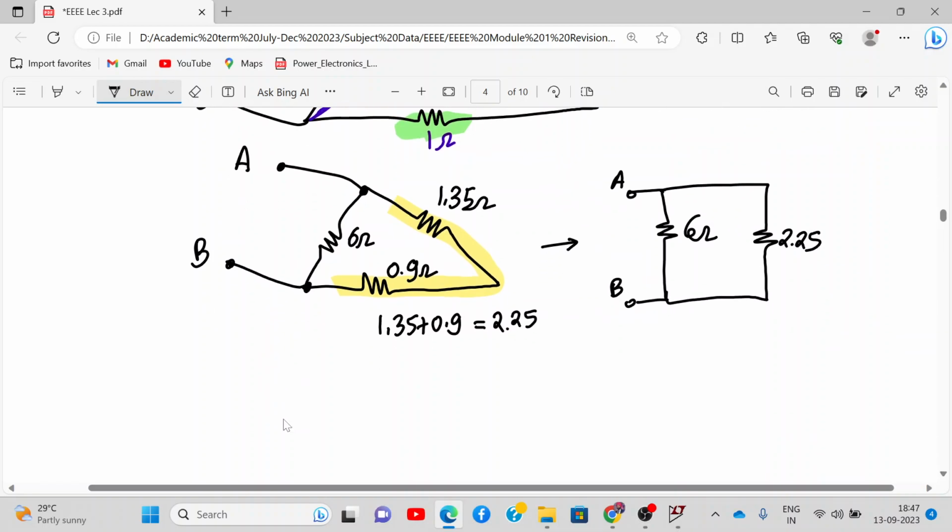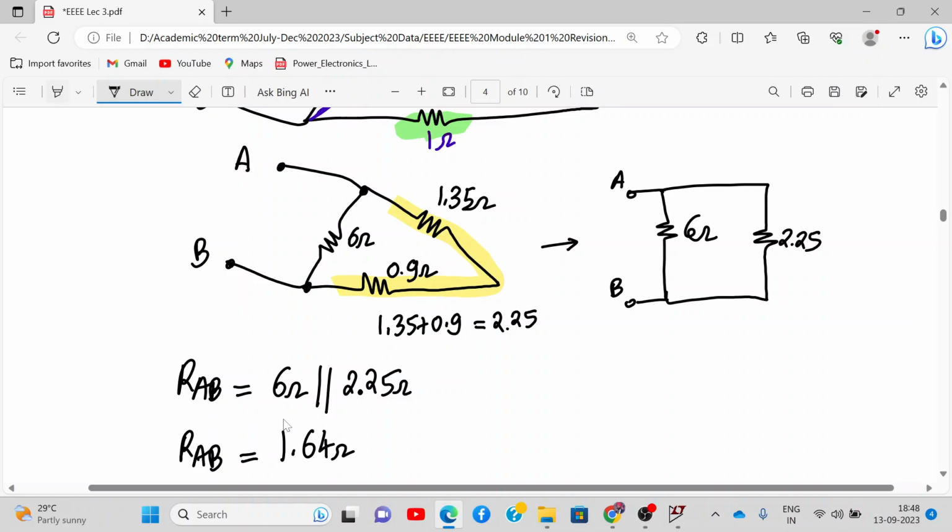Now these two resistances are in parallel simply. So RAB will be 6 ohm parallel to 2.25 ohm. So the equivalent value will be lesser than 2.25 ohm and that value comes out to be, if you work it out in a calculator, 1.64 ohms. Okay. So the equivalent resistance between terminals A and B will be 1.64 ohms.